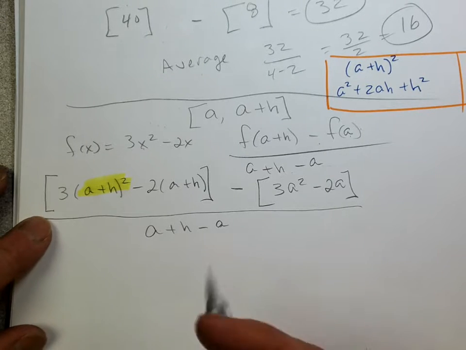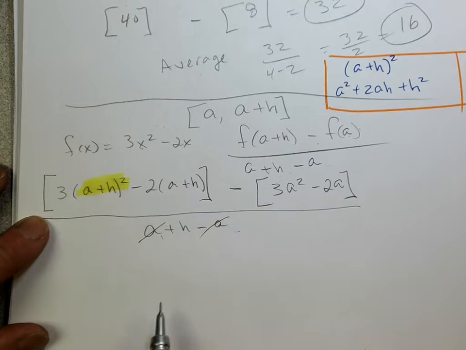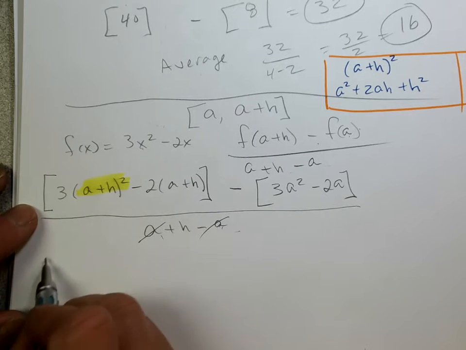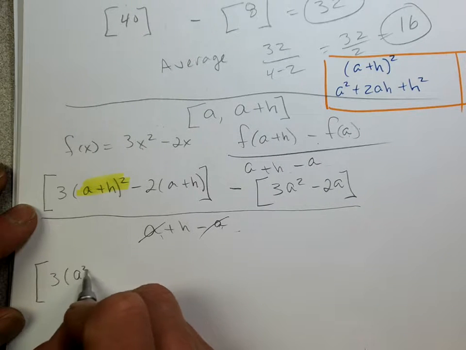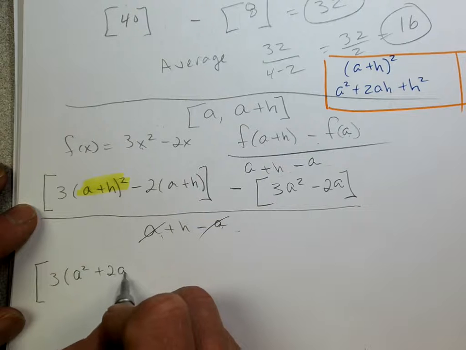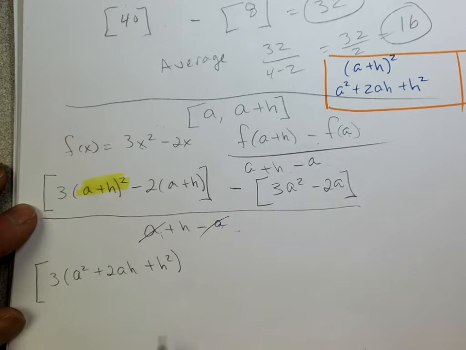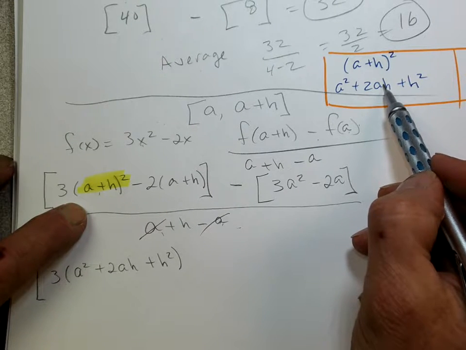So let's simplify. Easiest simplification I see is here. Boom, boom. Okay, you guys all right with that? Cancel those? You guys agree with that? A and negative a? Here then, we are going to have a 3 times an a squared plus a 2ah plus an h squared. Because I remember, I just multiplied that all out, but I skipped a step.